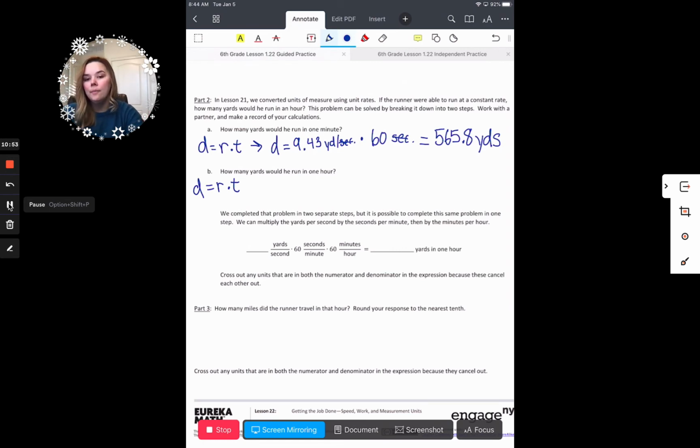So we know that he runs at a rate of 9 and 43 hundredths yards per second, or actually we're going to make it a little bit easier. We're going to use that 565 number. So we know he runs 565 and 8 tenths yards per minute.